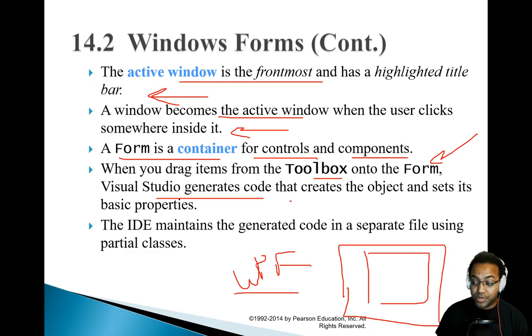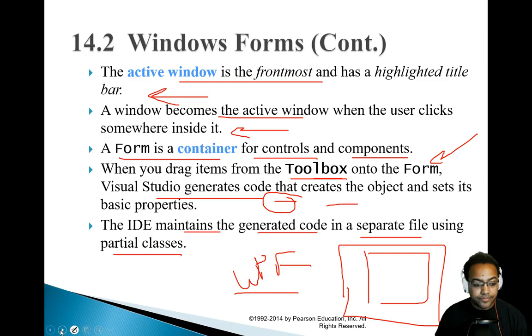Like, remember I told you I don't like numbers in my variable names? It'll do that, and I don't like that. And that's one of the many things I would say: if you want your code to be clean, after a while you understand what's in the toolbox and what you need, and you just write it out yourself. The IDE maintains the generated code in a separate file using partial classes.